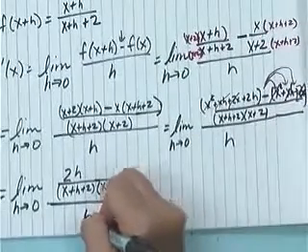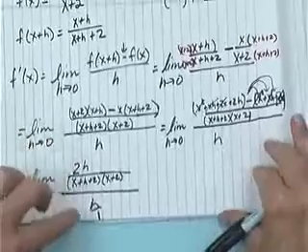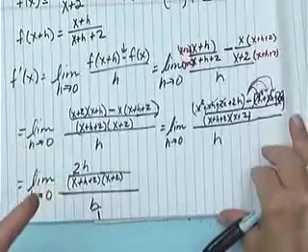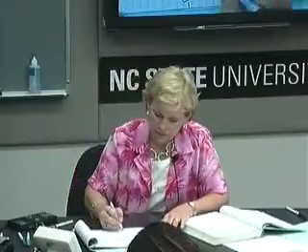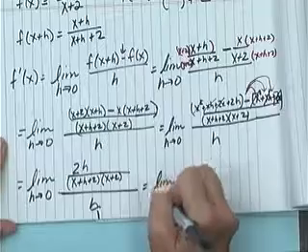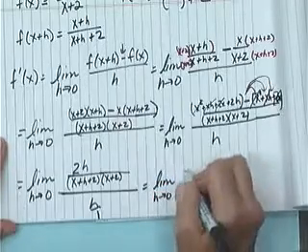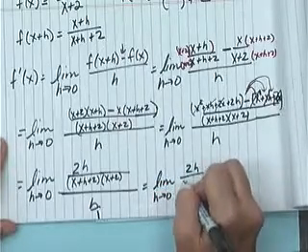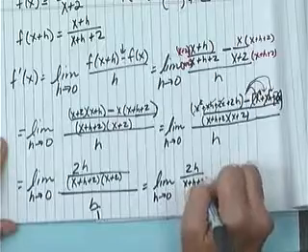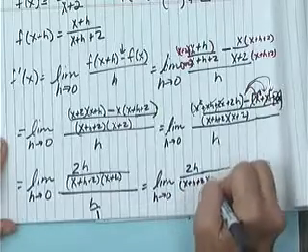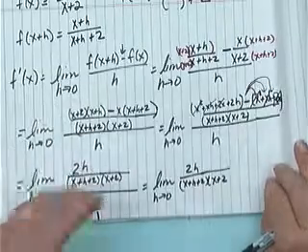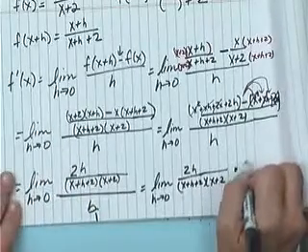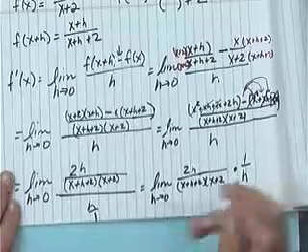All right, so now we have a fraction divided by a fraction, so we're going to invert and multiply. So we have limit as h goes to 0, 2h over x plus h plus 2 times x plus 2. And now this h over 1, we're going to flip it over and multiply times 1 over h.